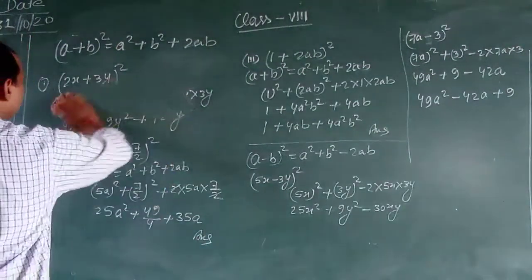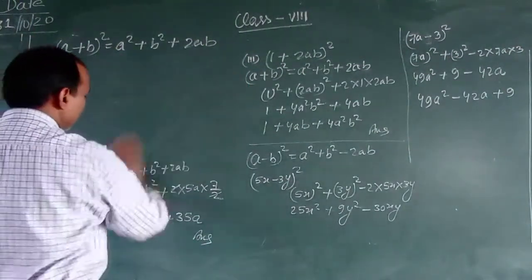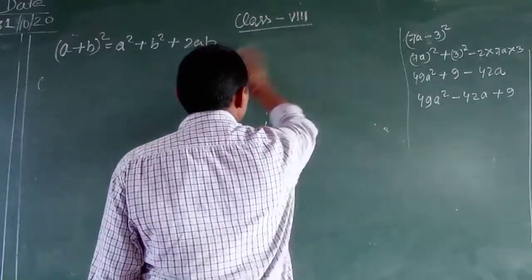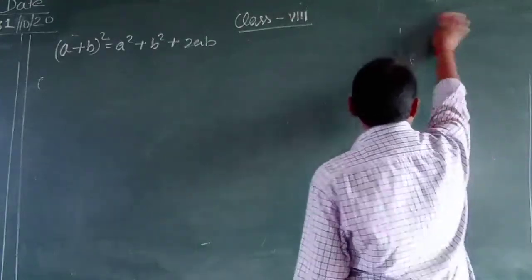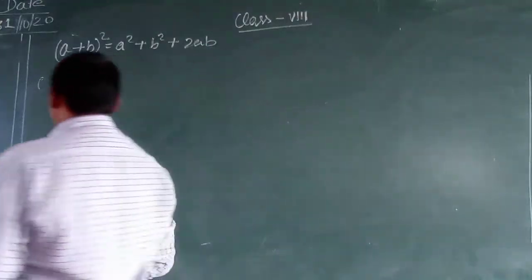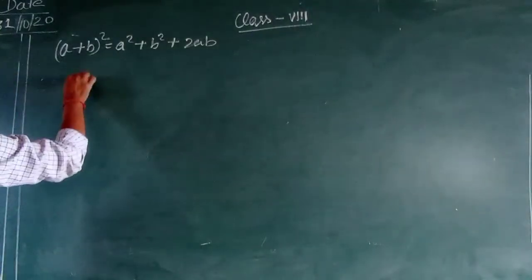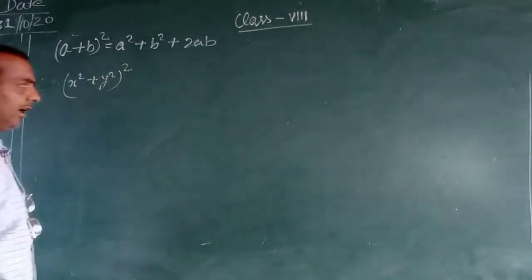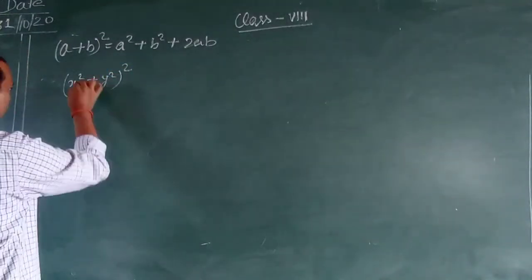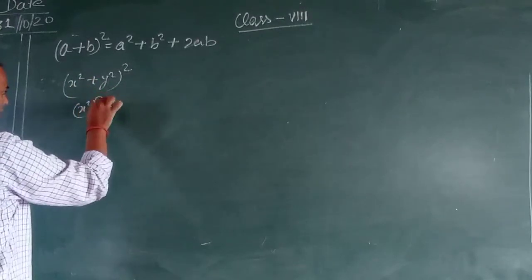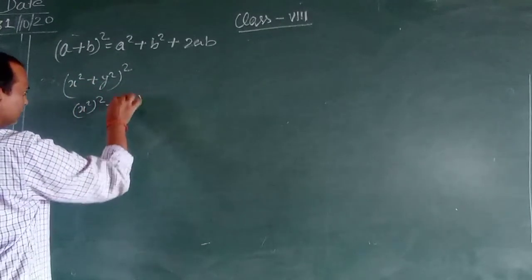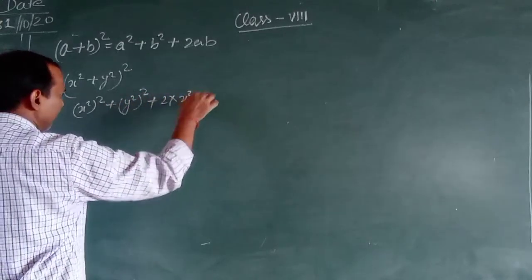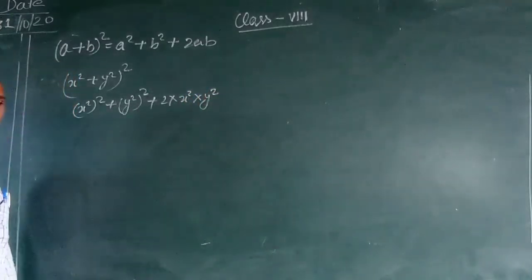Now see some more applications as, if the question is (x square plus y square) whole square, it can be written as first term x square, second term y square, plus 2 into first term x square into second term y square.